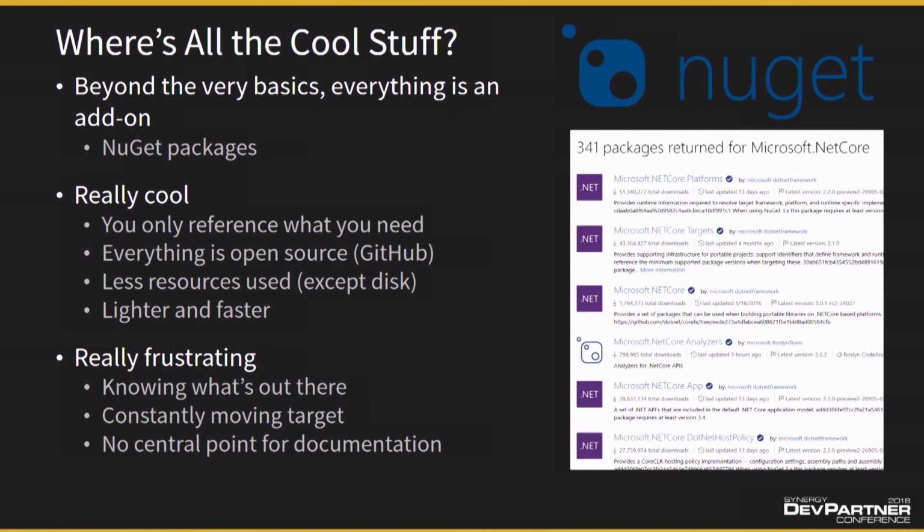So if the .NET Core framework is so small and there's hardly anything in it, how is it useful? And the answer to that question is all the cool stuff is on NuGet, in NuGet packages. So you start with a basic environment that has almost nothing in it, and then you start selectively picking the packages and the namespaces and the extensions that you want in your application.